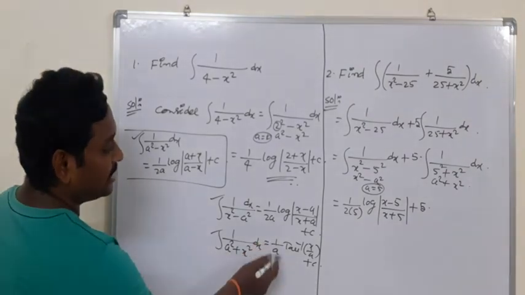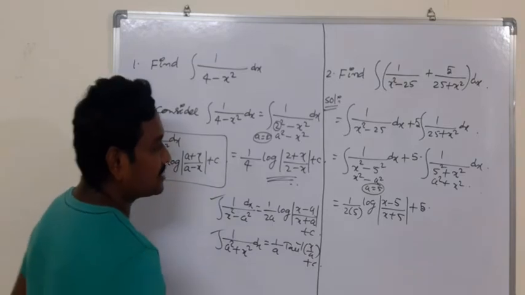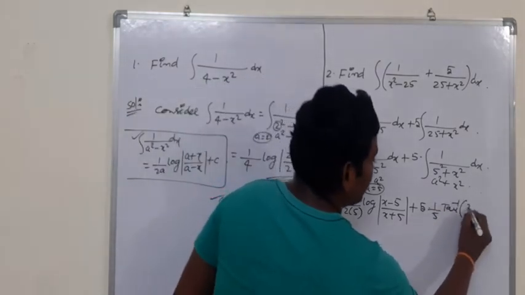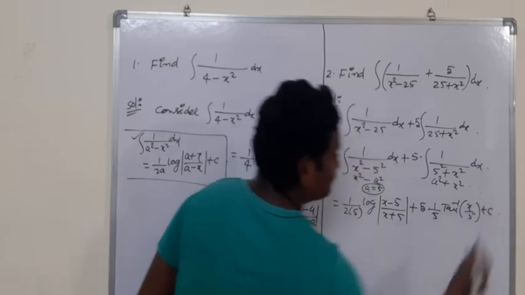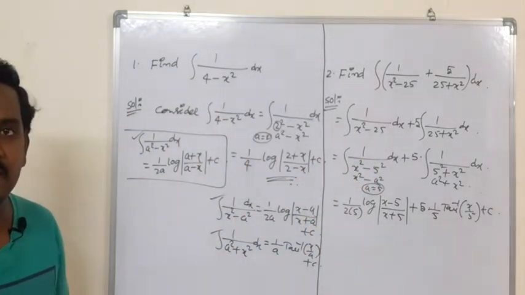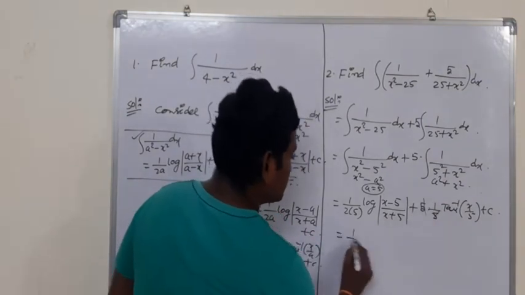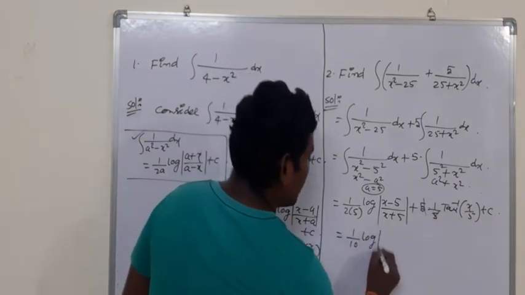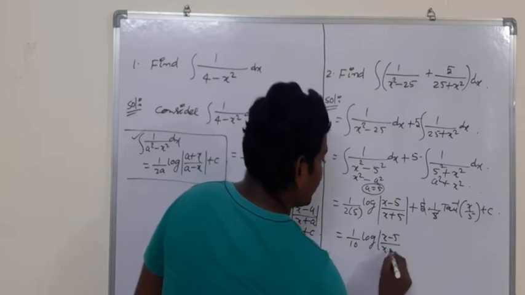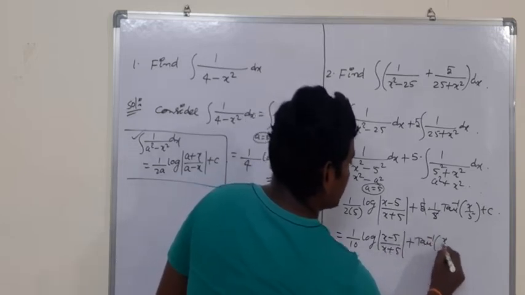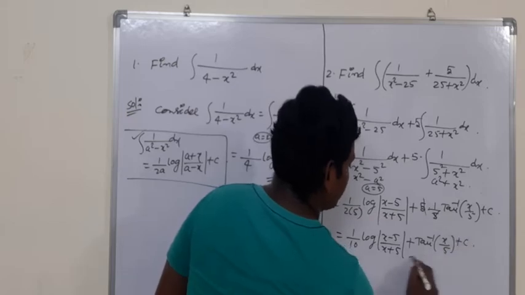In this case, it becomes 1 by a tan inverse of x by a plus c. So 1 by 5 into tan inverse of x by 5 plus c. So here 5 gets cancelled, 2 5s are 10. So 1 by 10 into log mod x minus 5 by x plus 5 plus tan inverse of x by 5 plus c.